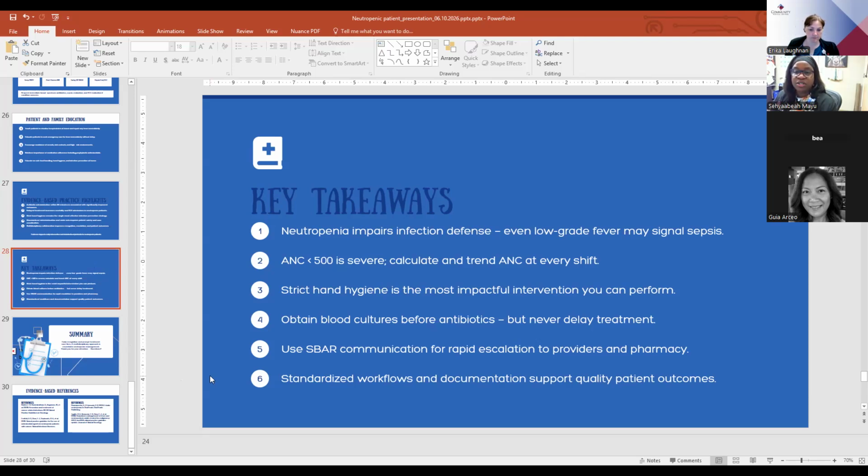SBAR communication for rapid escalation to providers and pharmacy to either get those antibiotics started, or if we are escalating that patient, to go to ICU. And then our standardized workflows and documentation to support what we are trying to do to support the quality of care for this patient.